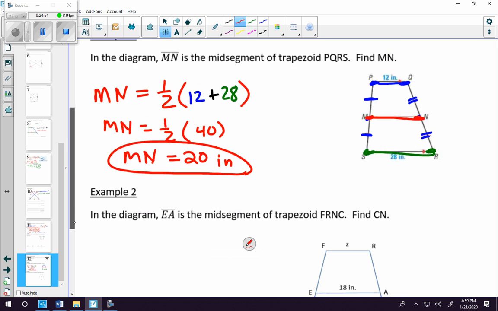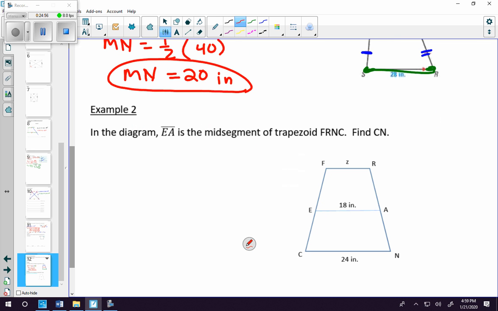Okay. Looking at this from a different perspective, using the same equation. In example 2, it says segment EA is the mid-segment of the trapezoid, which now means point E is a midpoint, and now means point A is also a midpoint. We're not looking for the mid-segment length in this case. We actually know what the mid-segment length is, and we're trying to find the length of one of the bases.